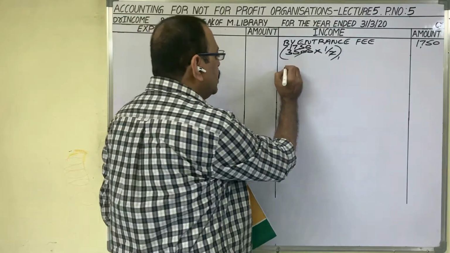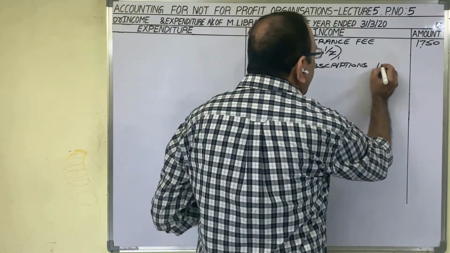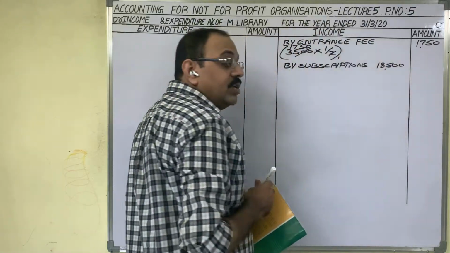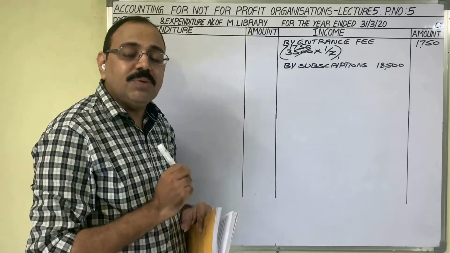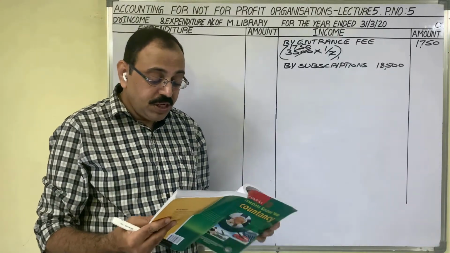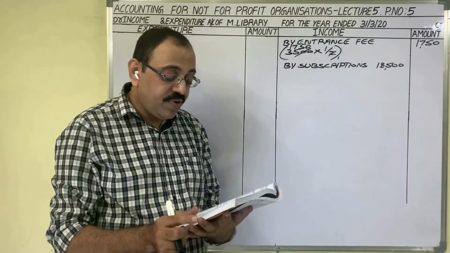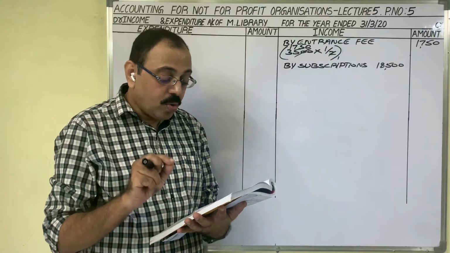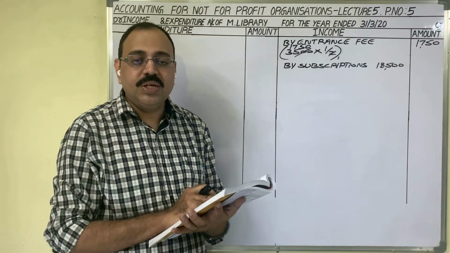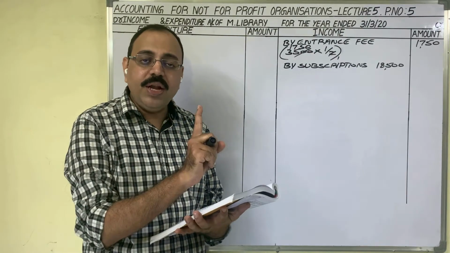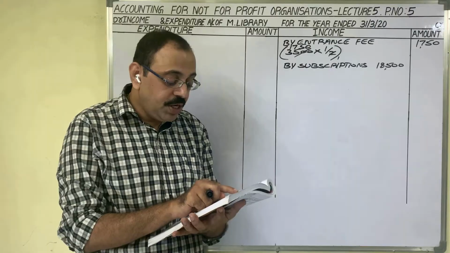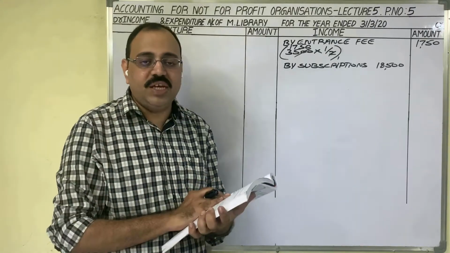By subscriptions. I'm taking the amount in the inner column because in additional information he has given two points related to this subscription amount. Point number 1: subscriptions amount includes 500 for the previous year and outstanding subscription for the current year is 1,500 rupees. So in the first point he is giving two adjustments. One is that subscription includes 500 for the previous year.